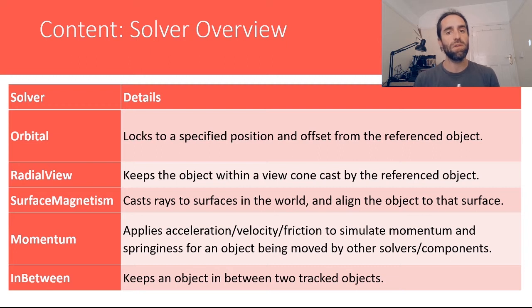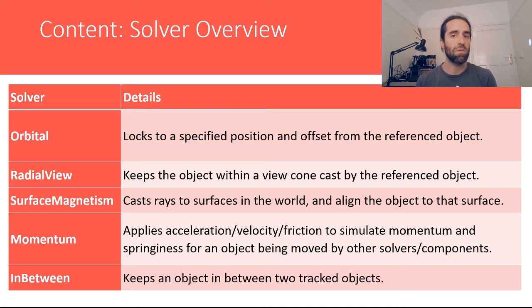Here is a list of the solvers we're going to be looking at in this tutorial. The first one is fairly self-explanatory, but can be made to give a game object the behavior of orbiting the camera, a hand position, or some other reference point. Radial view works in much the same way, but it works with the view cone, so the forward direction also of the game object, which would be useful for leading or trailing objects.